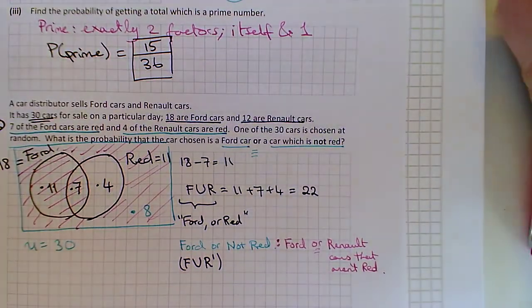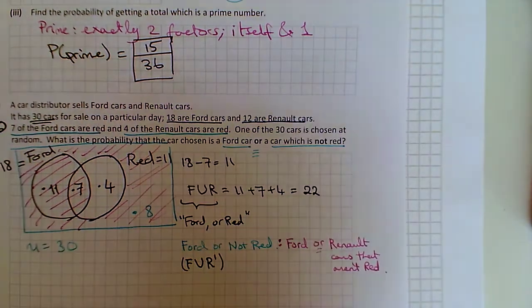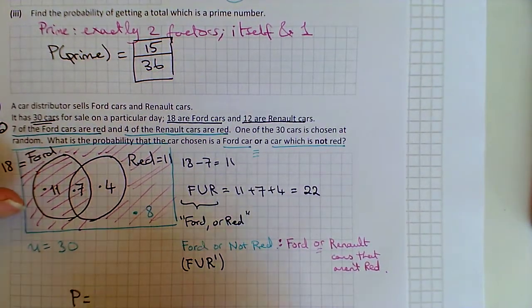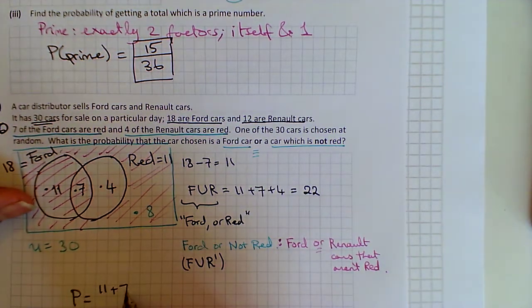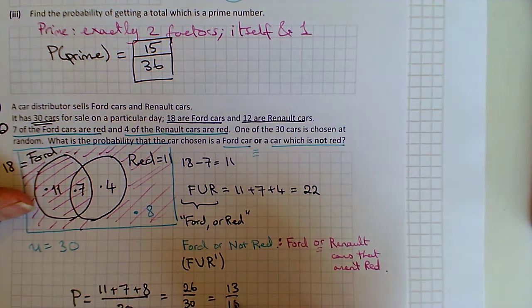Okay, so everything apart from the 4 red Renault cars. And calculating the probability then, that's going to be everything but those 4, 11 plus 7 plus 8 out of 30. And that's going to be 26 out of 30, which simplifies to 13 out of 15.